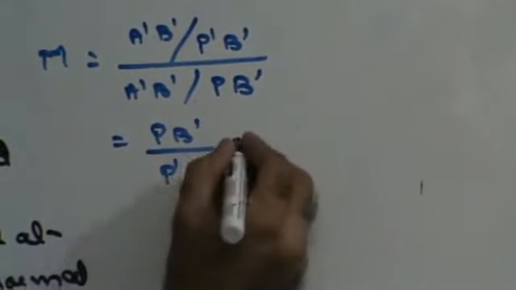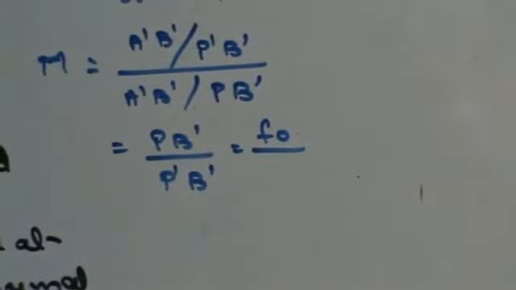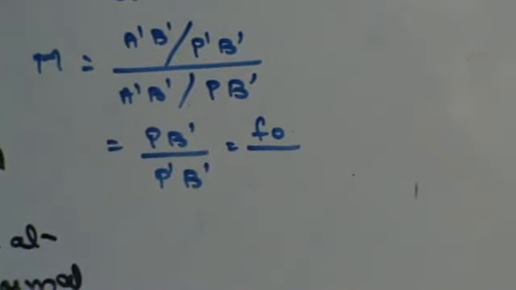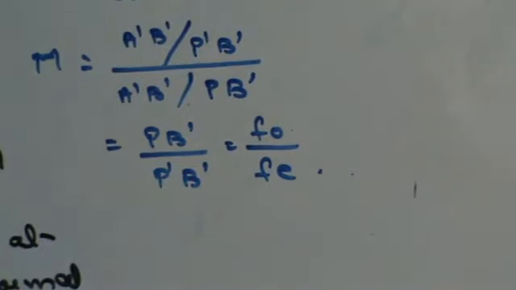Now PB bar is nothing but F0 and P bar B bar is nothing but Fe. So the magnifying power of the astronomical telescope in normal adjustment is nothing but focal length of the objective upon focal length of the eyepiece. Right? Do we get this in clear?